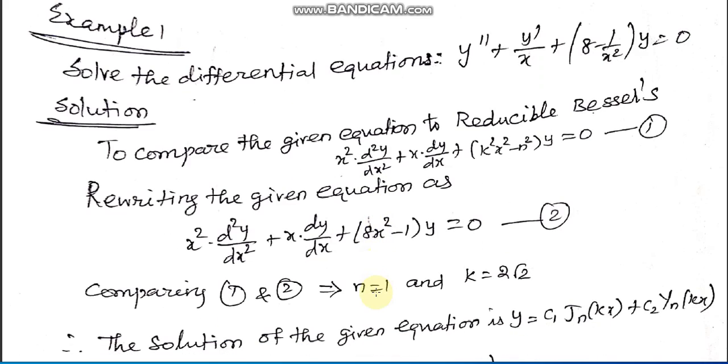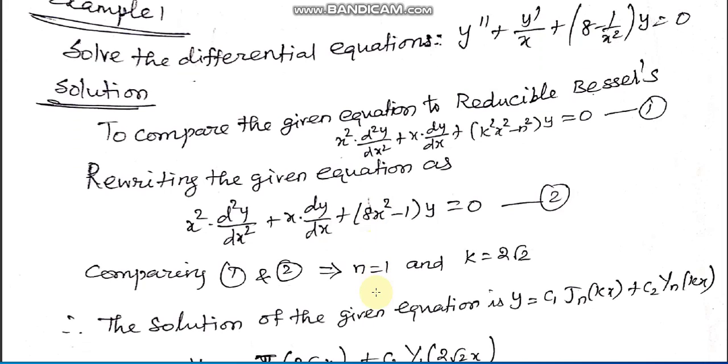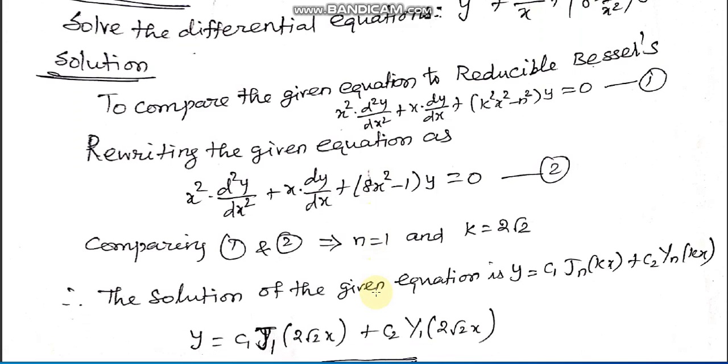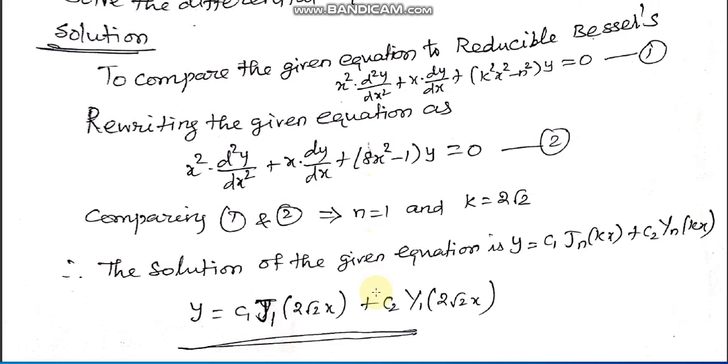Here we are going to see an example using this reducible Bessel's equation. Solve this differential equation: y double dash plus y dash by x plus (8 minus 1 by x square) into y equal to 0. Compare the given equation to the reducible Bessel's equation. This type of Bessel's equation we know.